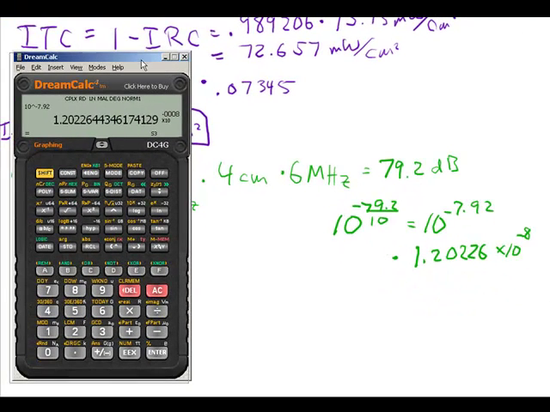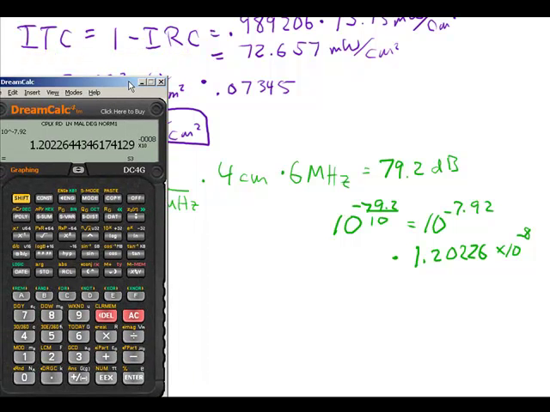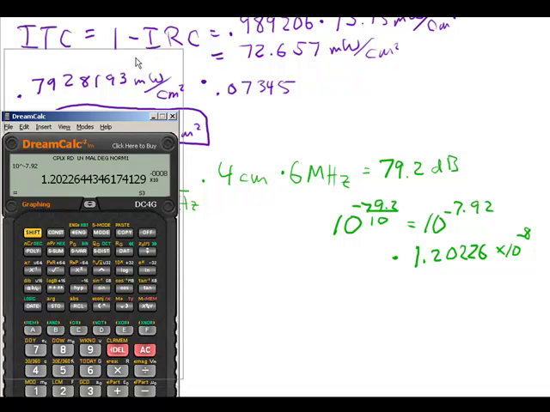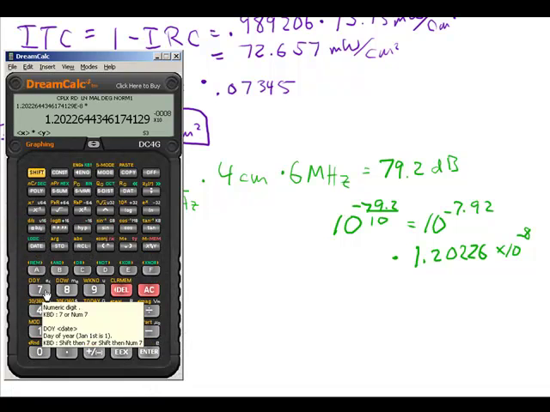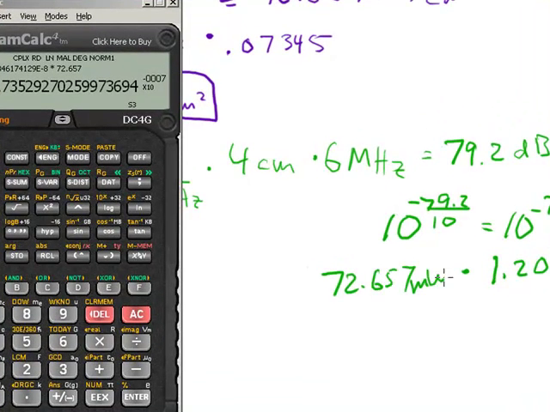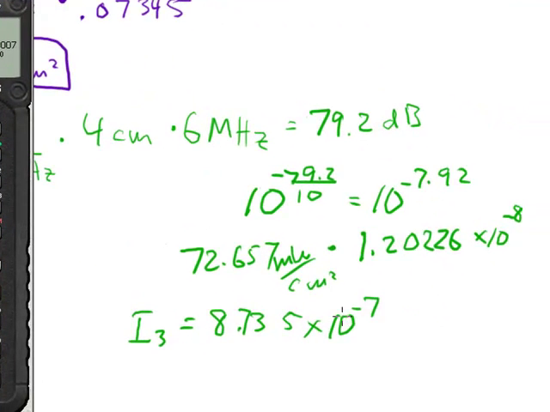And if I multiply that by the transmitted intensity, which came out to be 72.657 milliwatts per square centimeter, my intensity number 3 will then be equal to 8.735 times 10 to the minus 7th power milliwatts per square centimeter.